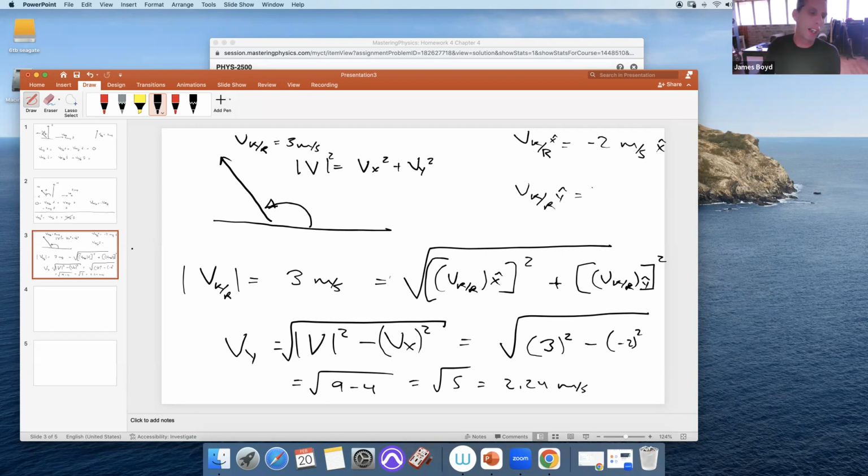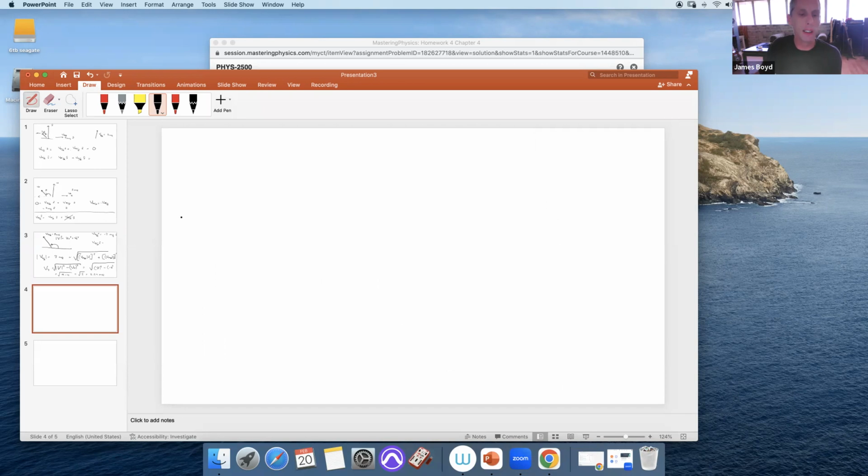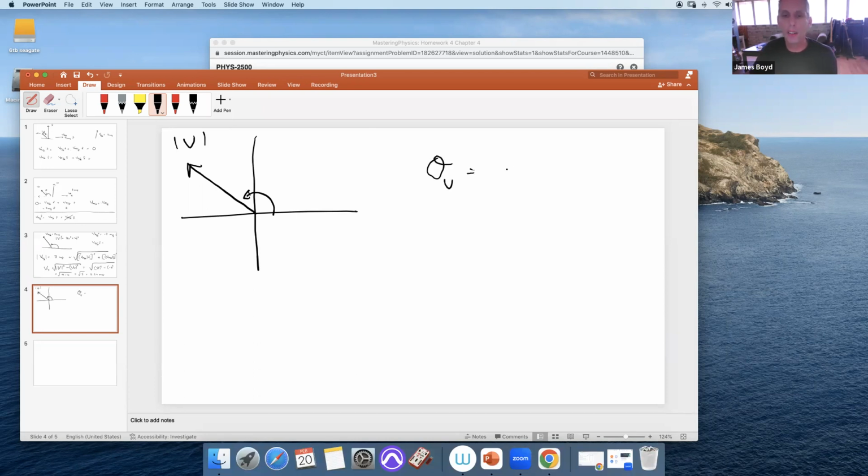And now the last thing I need to do is to find the direction. I'm going to find it relative to the x-axis. The direction of v relative to the x-axis is the arctan of vy over vx, or arctan of 2.24 over -2.